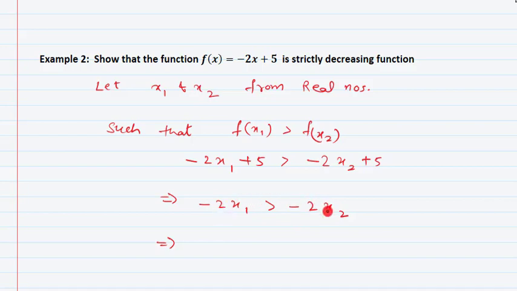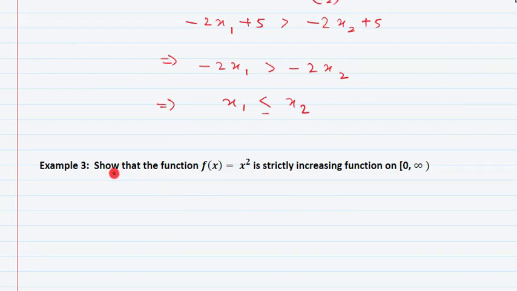So the next step will be to divide both sides by minus 2. Clearly it will be written as x1 less than x2. So what does it mean? f(x1) greater than f(x2) implies the result x1 less than x2. It means the function is strictly decreasing function for all real numbers. When no interval is given, then we are going to take the real numbers.